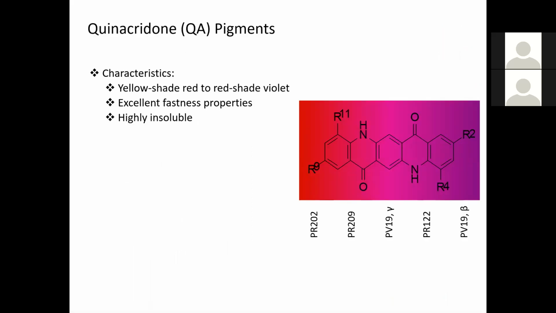So as I mentioned, the most commercially acceptable pigments are in the more yellow shade red to the red shade violet area. The pigment red 202 color index will be your most yellow shade, and then the reverse, the violet 19 beta crystal will be your most blue shade red, and then the 209, the violet 19 gamma crystal, and the red 122 fall in between there.